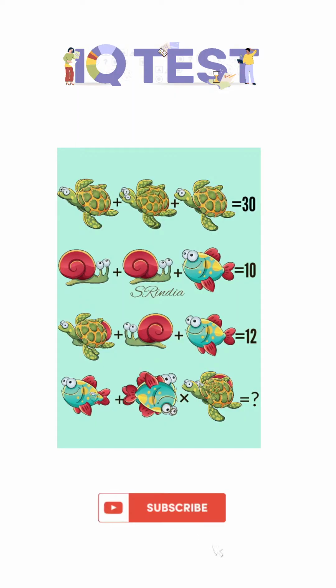And then the third one, we have the tortoise plus the snail together in one picture, plus the snail plus the fish is 12. This question is very, very tricky.